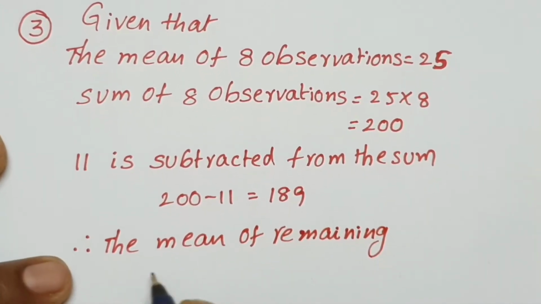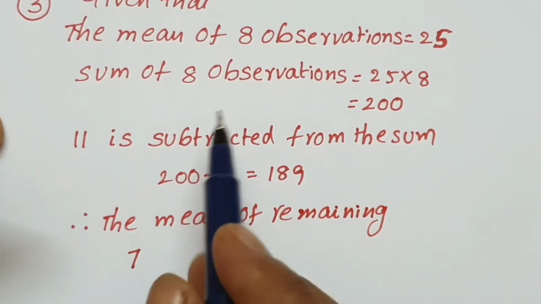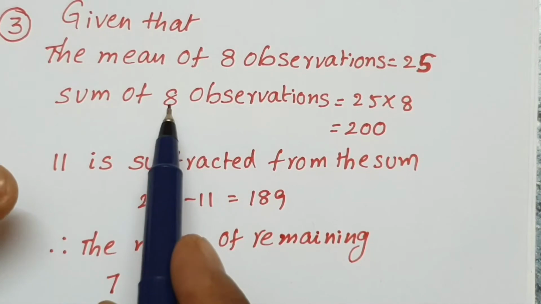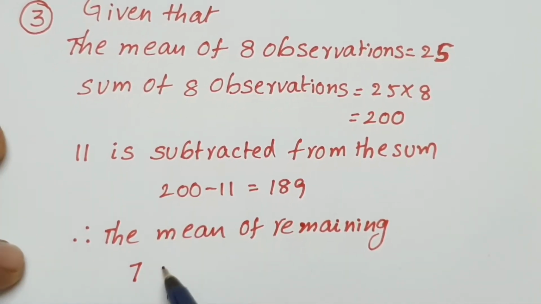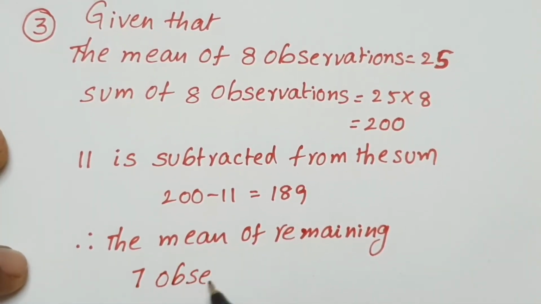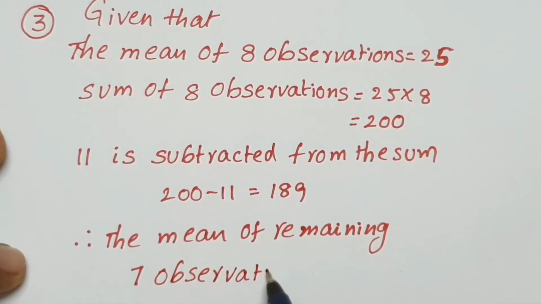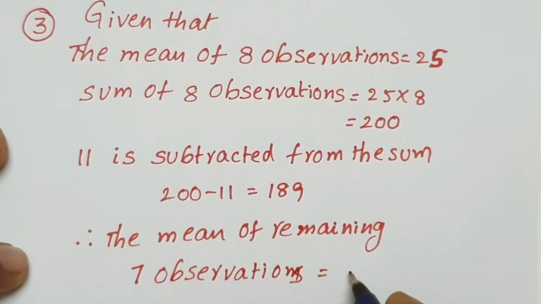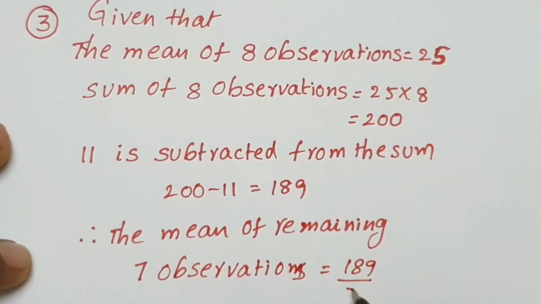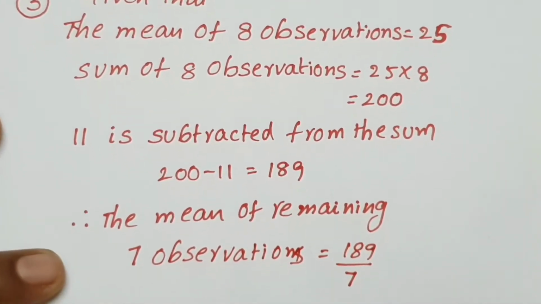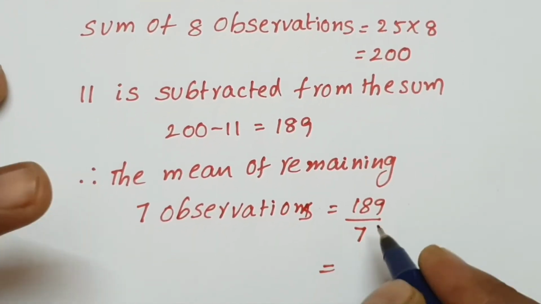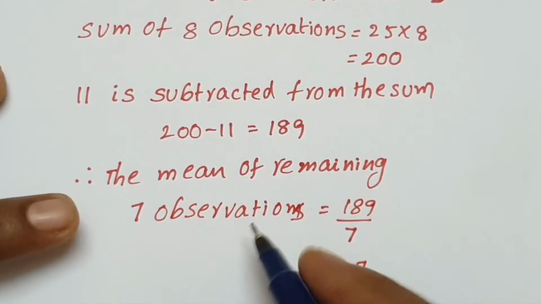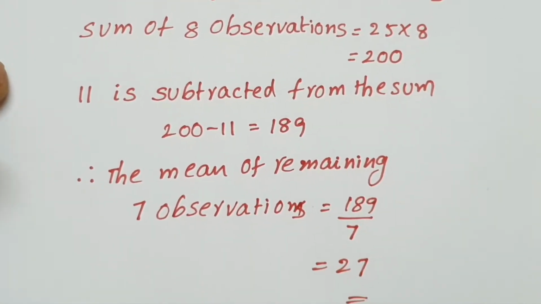The mean of the remaining means 7 observations, since 8 observations with 11 subtracted leaves 7. Mean of 7 observations equal to 189 by 7. Here do cancellation, 7 twos and 7 sevens, 27. So mean of the remaining 7 observations equal to 27.